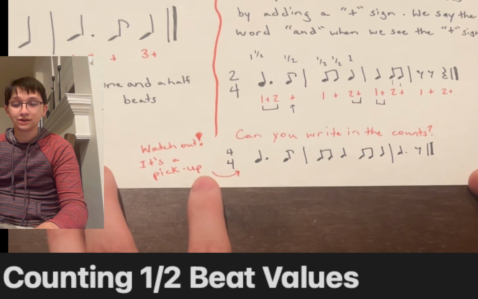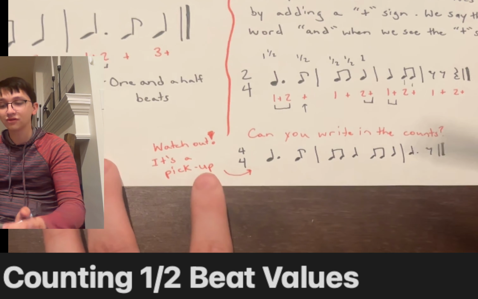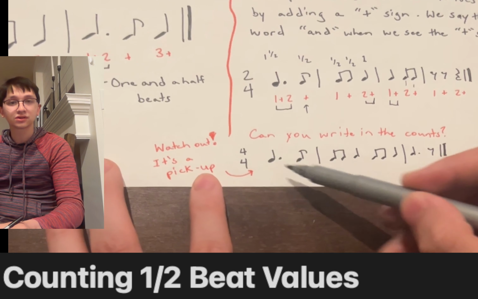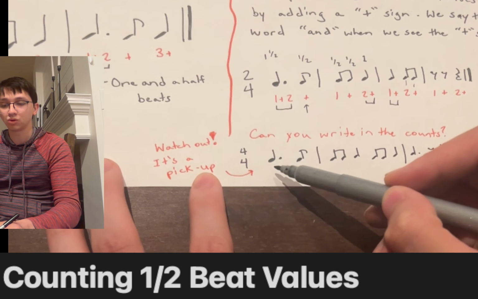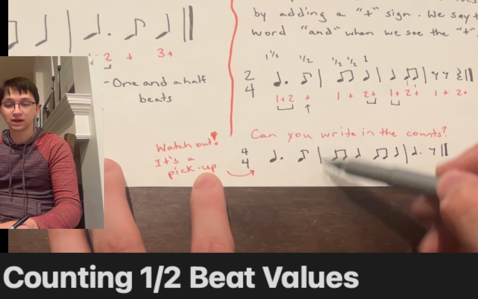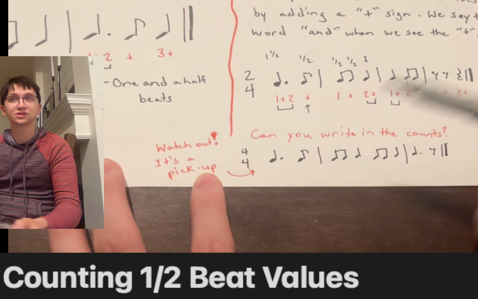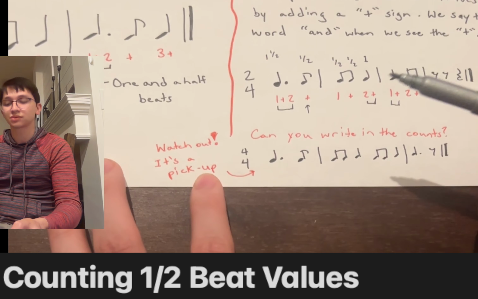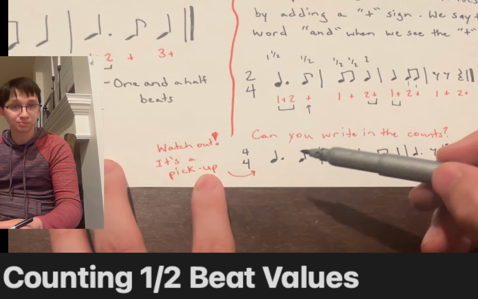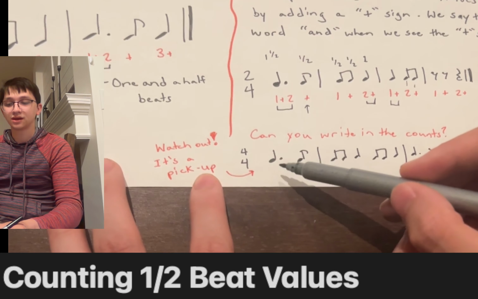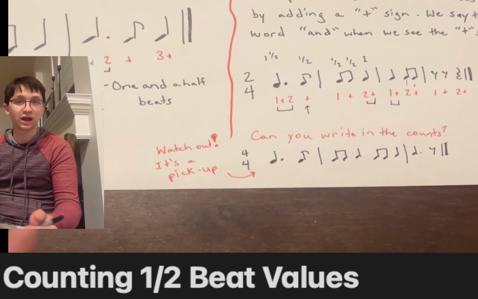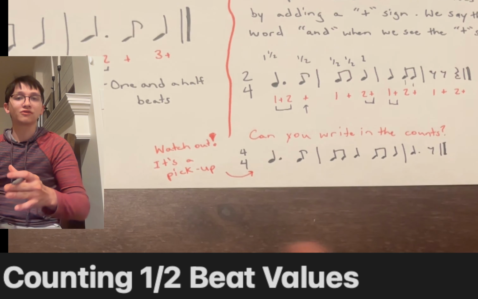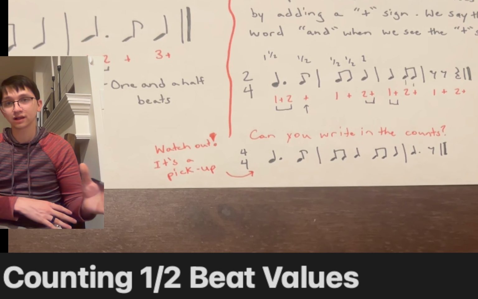So again, you can go ahead and pause the video here and try to give it a shot. But what I'm going to go ahead and do is fill this one out. So whenever we have a pickup, again, this isn't like it's beat number 1 and then beat number 2. It actually wouldn't make sense for us to have beat 1 and then 2 and then this measure line here, because that wouldn't necessarily make sense. Usually the way that it works in pieces of music is that the pickup, the first opening portion, won't have a full measure, but that will oftentimes be equalized by the very, very last measure.